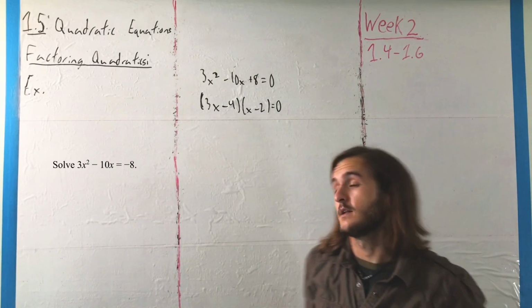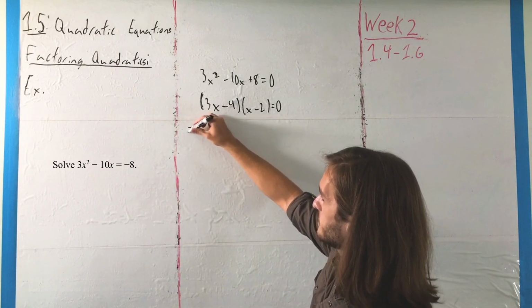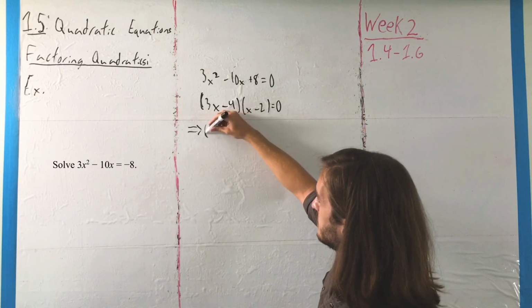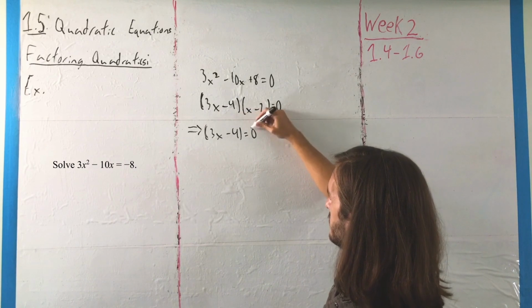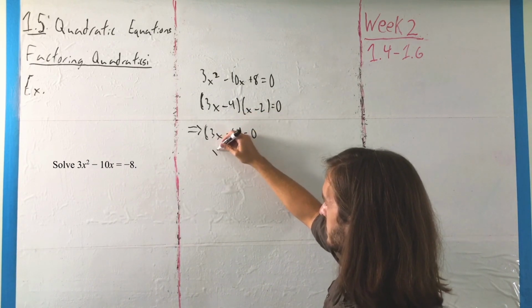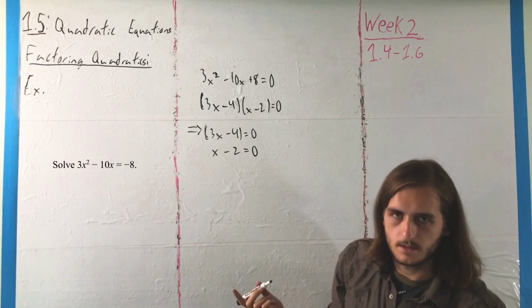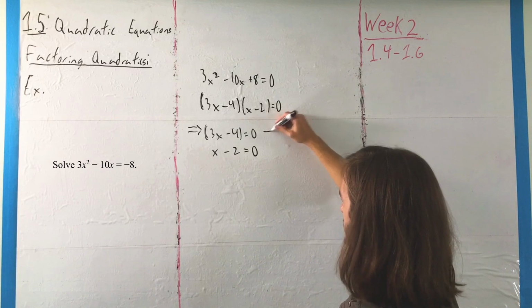But you should get to that point where, by the zero product principle, this tells us that one of two things must be true. Either 3x minus 4 is equal to 0, or x minus 2 is equal to 0. And technically both can be true, but either or. Solving these is pretty easy.